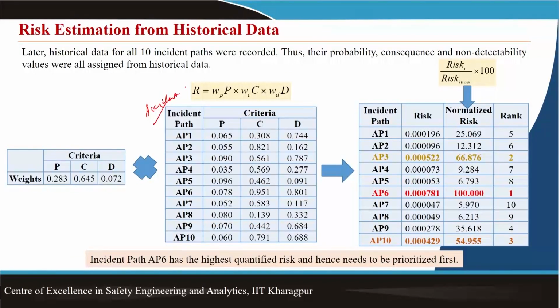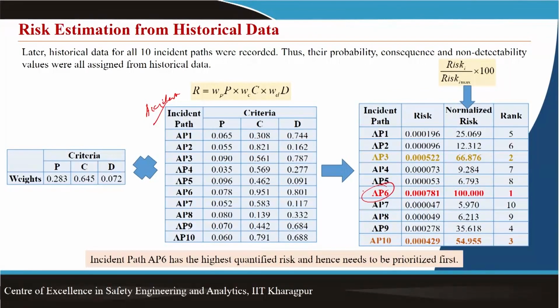Suppose you already have the path, the past few years' records are there, and the accident path probability, severity and consequence values you have somehow quantified, and you want to give the weights you quantified using the methods discussed earlier in this lecture, and then you want to see which path ranks higher.